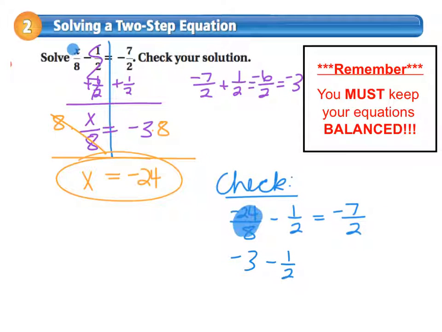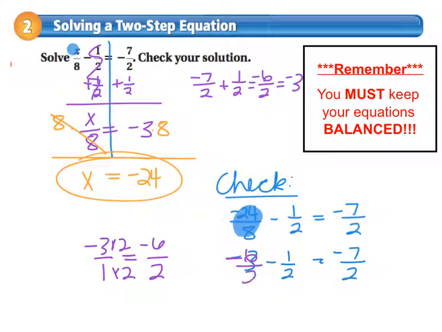And I have to minus 1/2, so let's hope it equals negative 7/2. And negative 3, if I want to change it over 2, I'd multiply by 2, so it's negative 6. So we have negative 6 over 2 minus 1 is negative 7. It checks out. Negative 24 is my answer.